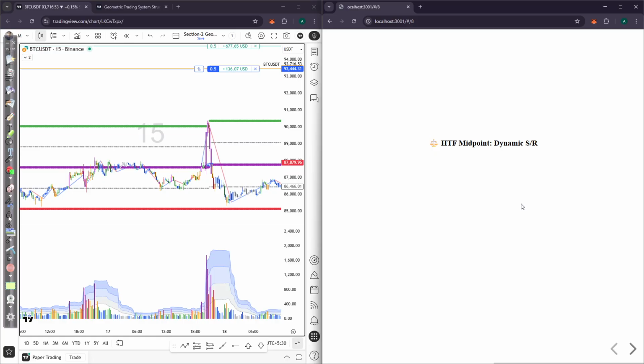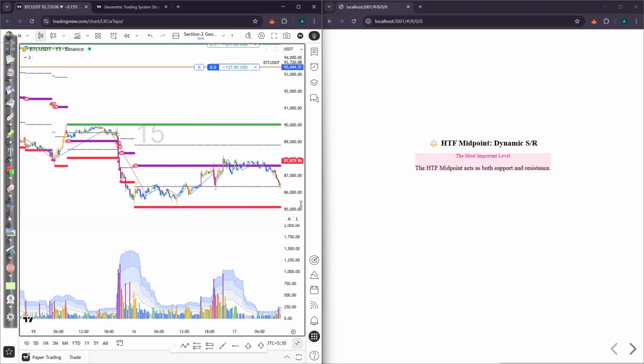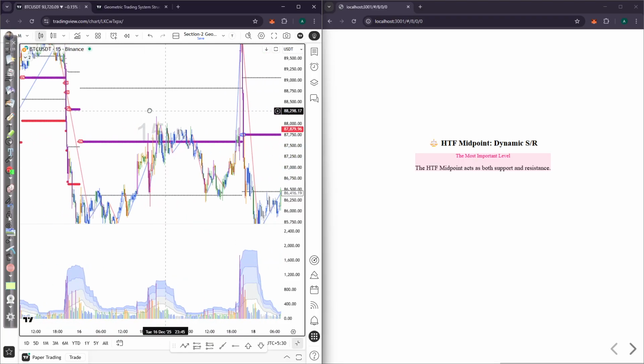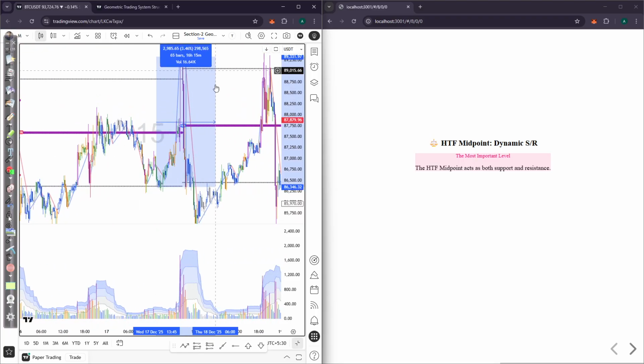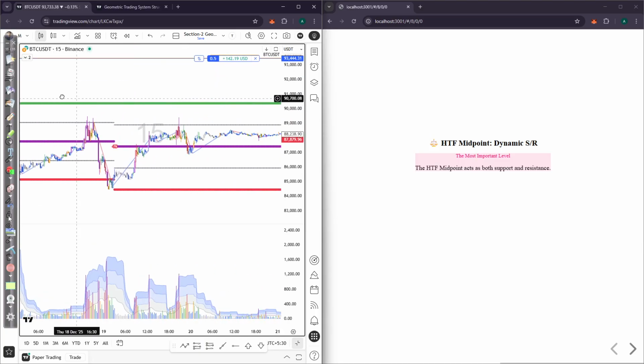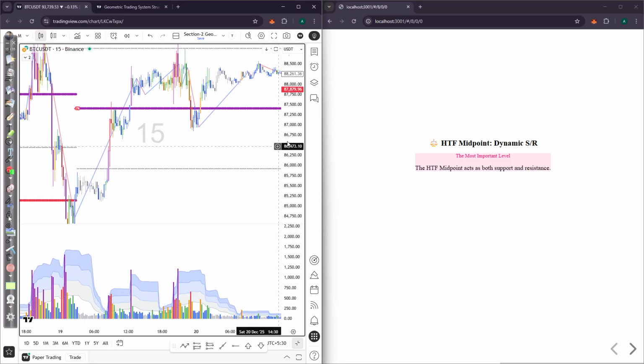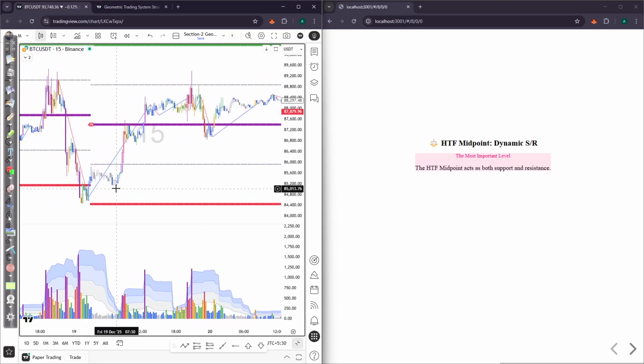So now let's talk about the HTF midpoint, which is dynamic support and resistance. The most important level, the HTF midpoint, acts as both support as well as resistance. I can show you the example. See here, it acted as resistance because the market was trending down, and then from here it took support, and then boom, it went up. Now if I come here, you see this is the role reversal that I was talking about.